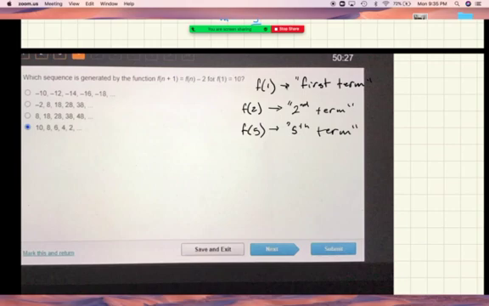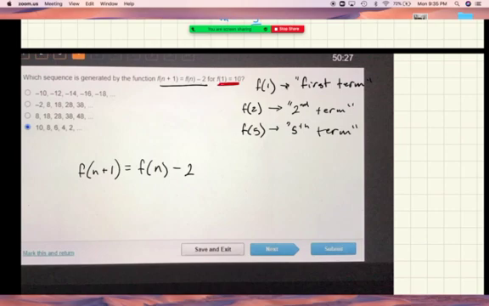But the way that you actually use this, f of n plus 1 equals f of n minus 2. So right now, we only know one term, and it's f of 1, which is 10.